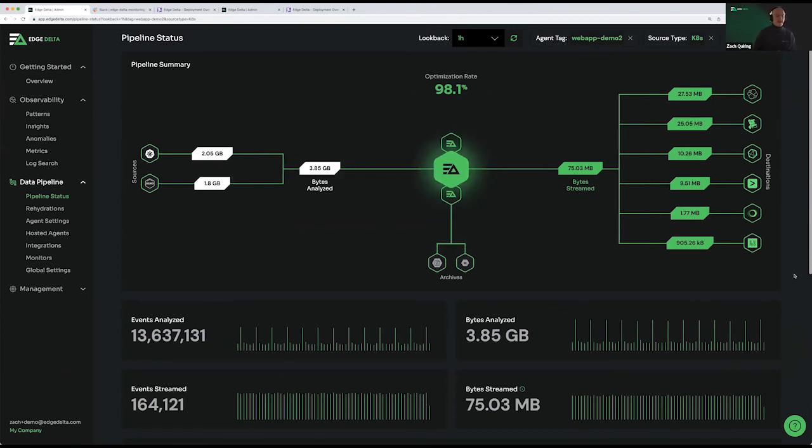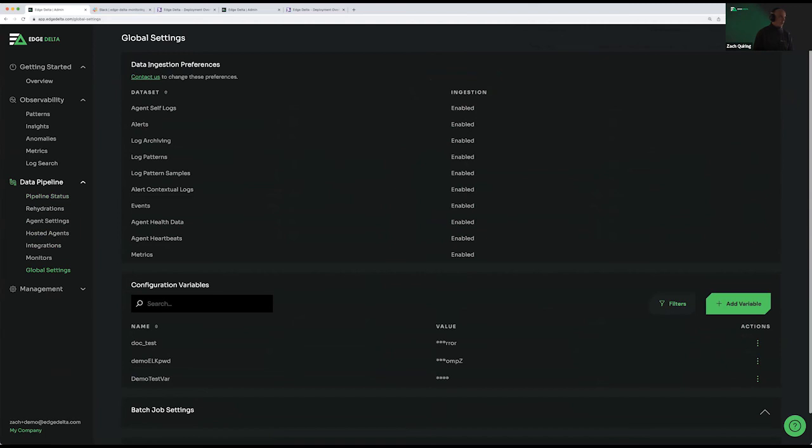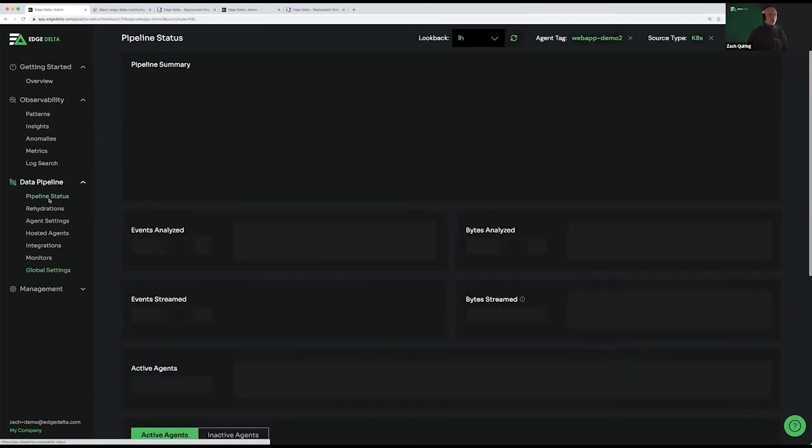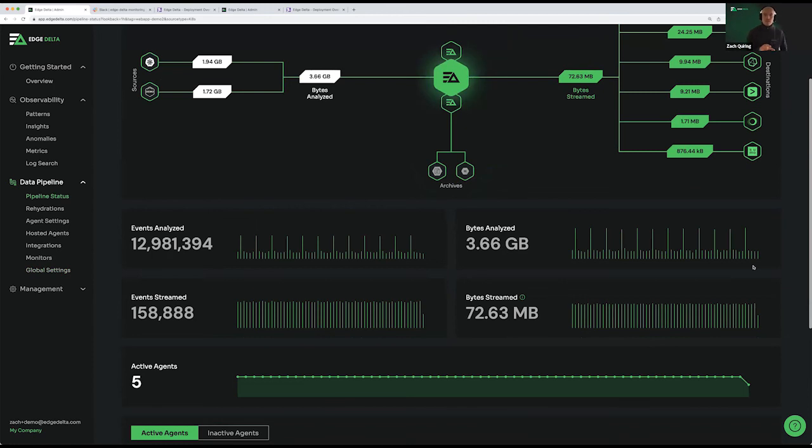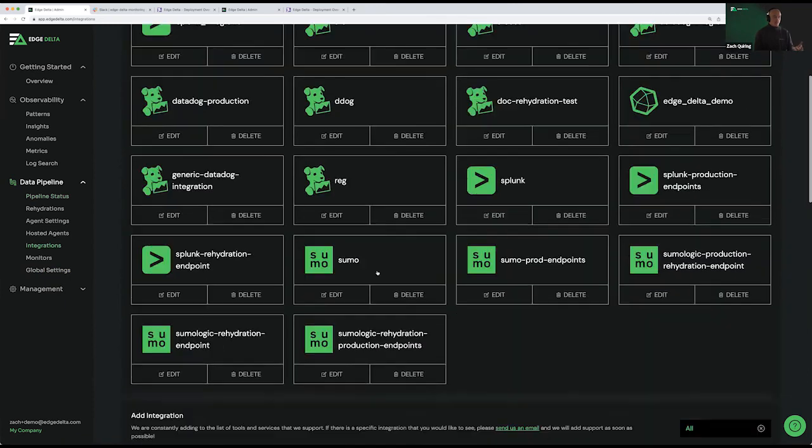From an account perspective, there's this concept, if we go into what are called data ingest preferences, of what we actually want to send to the Edge Delta UI or backend versus what we want to have shipped directly to streaming destinations and archive destinations. So certain customers use Edge Delta strictly from a fleet management perspective of deploying the agents, the configurations, and the integrations to the downstream platforms.